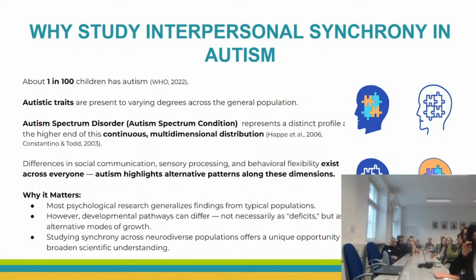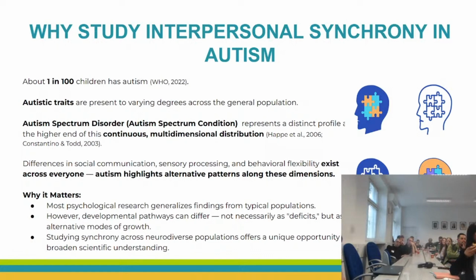In that sense, autism isn't a separate category, but a point along a broader, multidimensional continuum of human variability. Autism spectrum condition represents a distinct profile at the higher end of that spectrum, not a single condition, but a diversity of strengths and challenges.